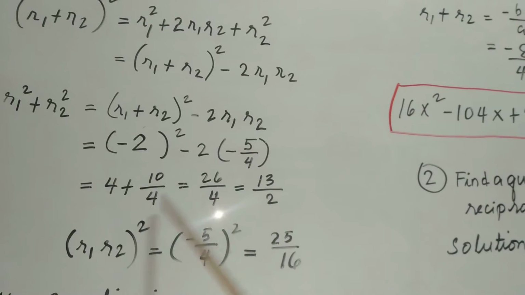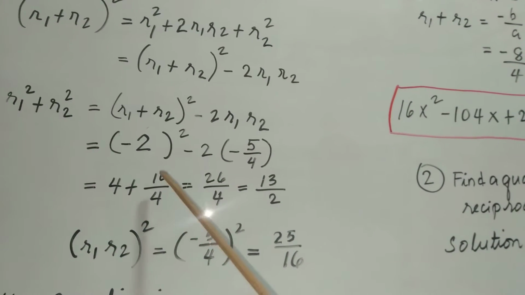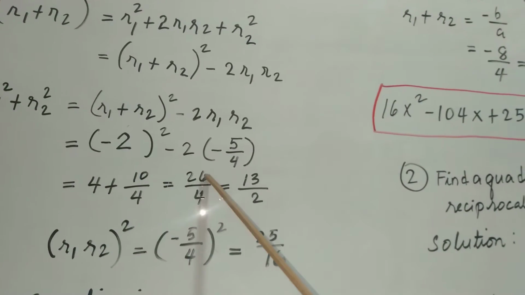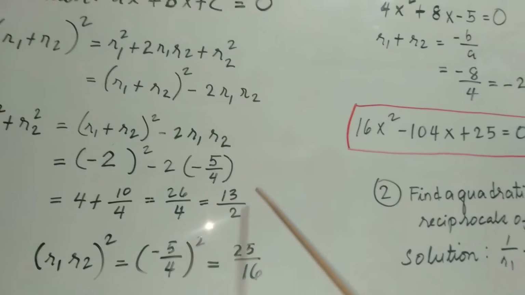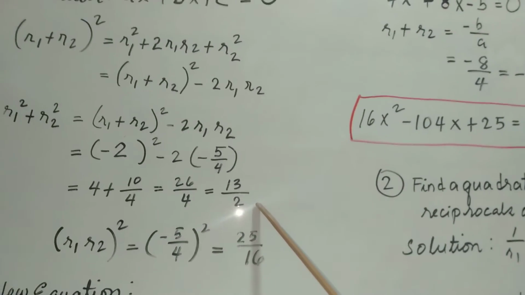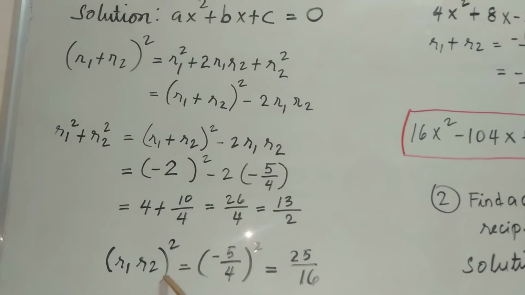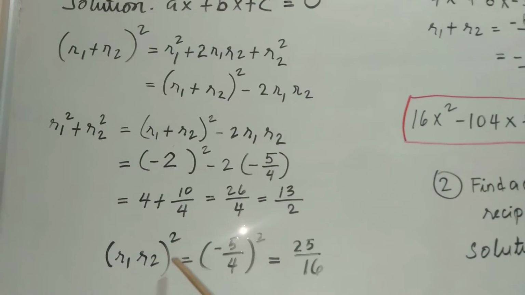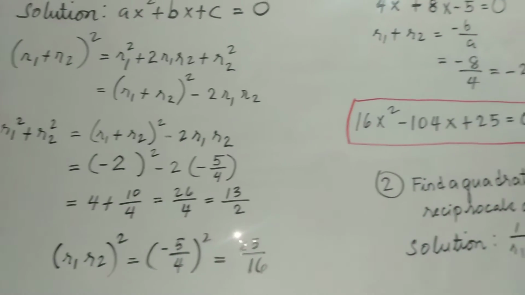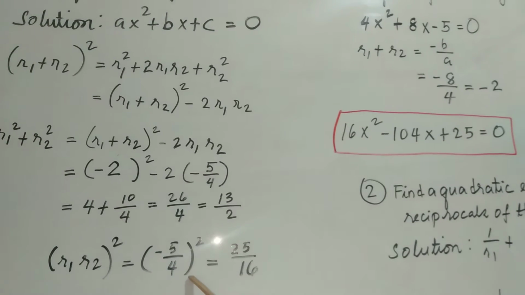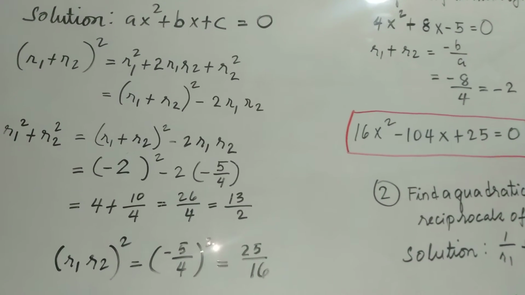So getting this simplified, we have here 4 times 4 is 16 plus 10 is 26 over 4, and simplifying again, that will be equal to 13 over 2. And R1 R2 squared, the product of these two roots, negative 5 over 4, as we have computed already, squaring that, we get 25 over 16.